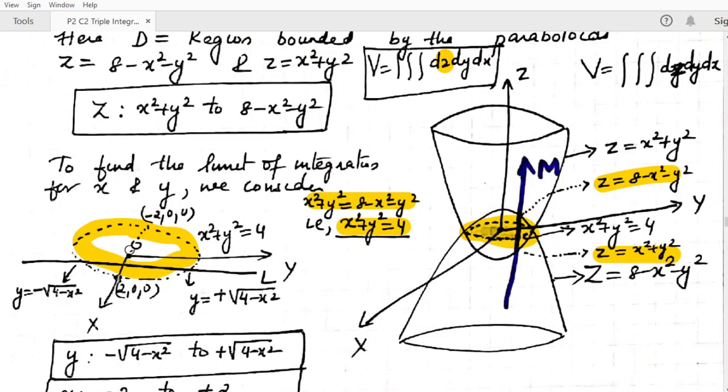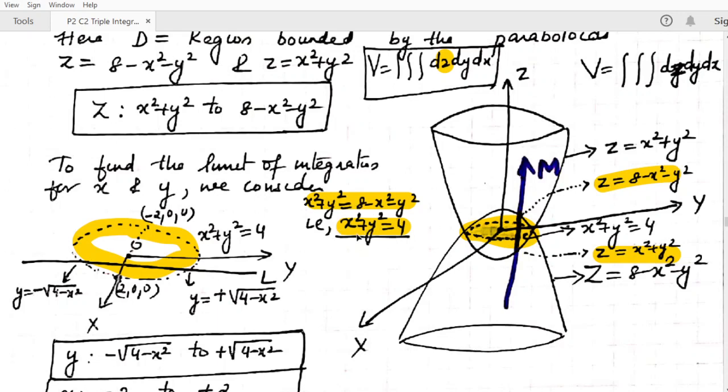That means the intersection of the paraboloids is the same as the projection of this region D on the xy plane. So always remember that whenever you are given a region bounded by two paraboloids, to find the limits of x and y, the last two coordinates, you have to find the intersection by solving the two paraboloid equations, putting the value of z from one equation into the other.